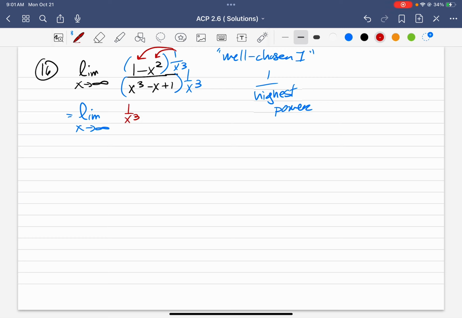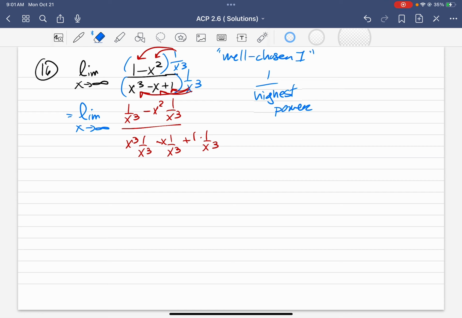When I multiply this, I get x squared times 1 over x cubed. When I multiply this, I get x cubed times 1 over x cubed. Then when I hit this, I get negative x times 1 over x cubed. When I hit this, I get plus 1 times 1 over x cubed.